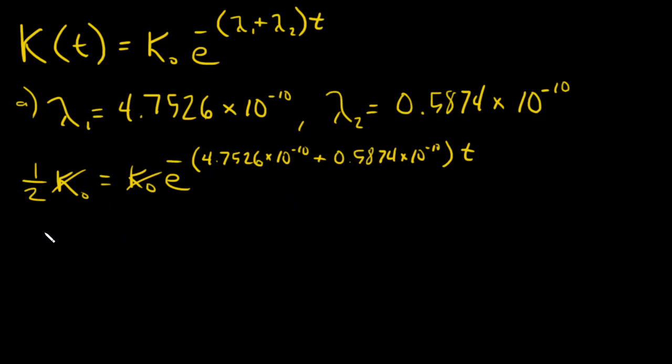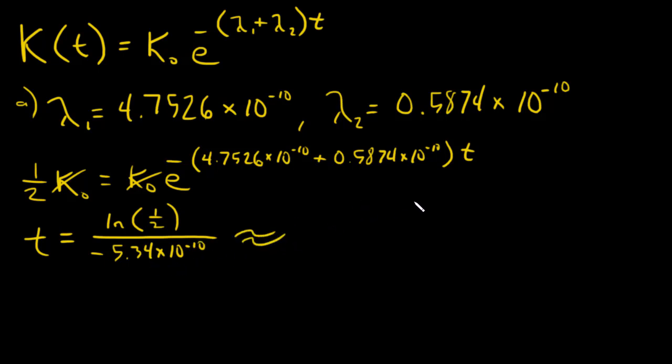I'm going to wind up with t is equal to the natural log of 1/2 divided by this stuff that was added together, which wound up being negative 5.34 times 10 to the negative 10, something like that. I want to solve out, that is approximately, ooh, nice, 1.298 times 10 to the 9th years.